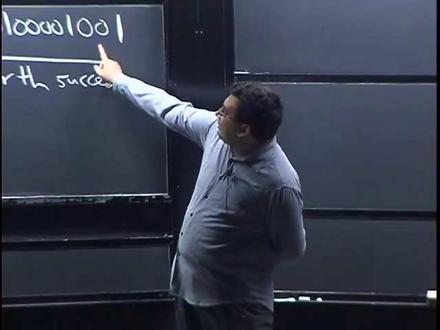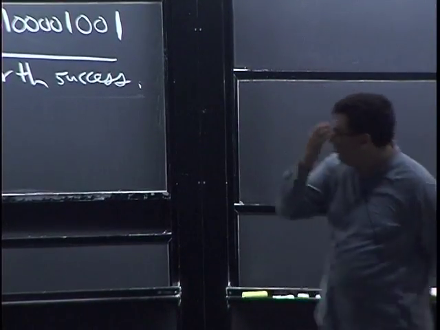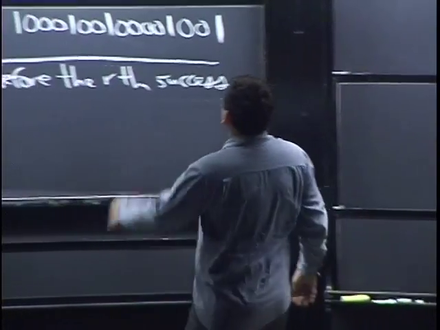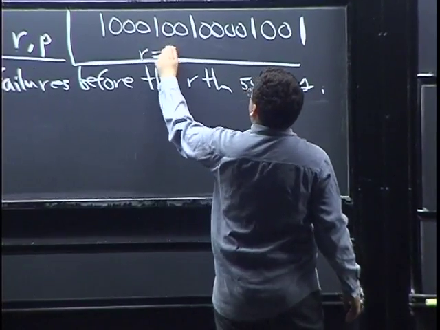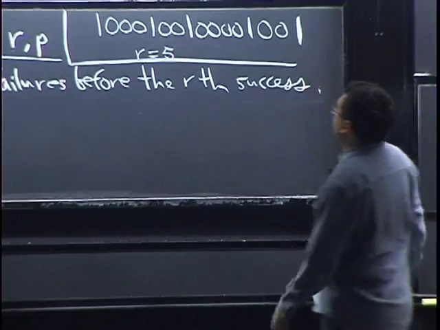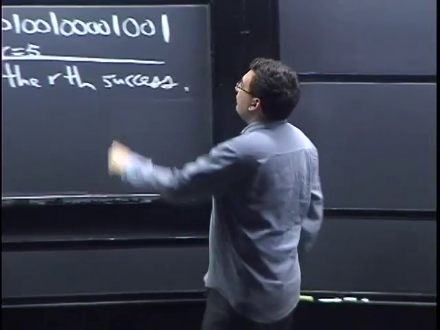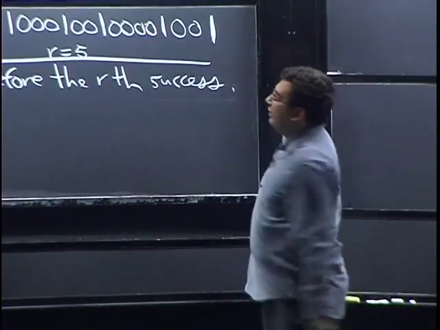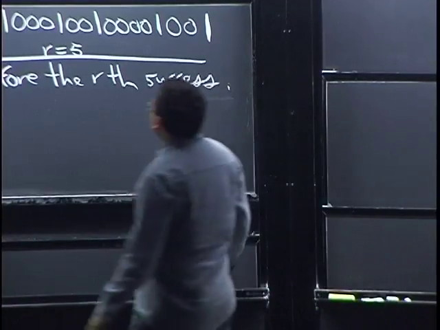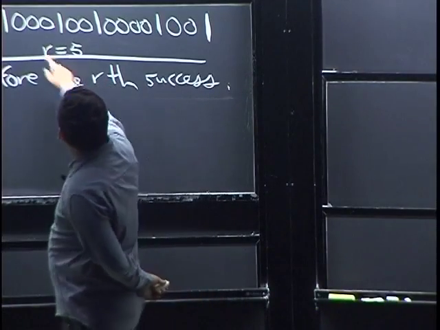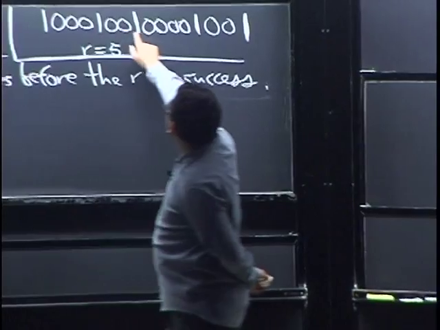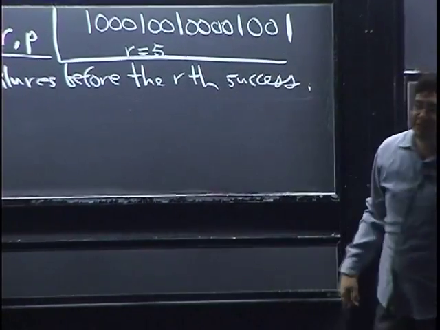So what's the PMF? Well, I say you just stare at this, so maybe we all need to stare at this a bit. I'm saying that R equals 5, just for the sake of example, because I drew 5 1s. And well, I guess I have to do some work counting the zeros. How many zeros were there? 1, 2, 3, 4, 5, 6, 7, 8, 9, 11 zeros?